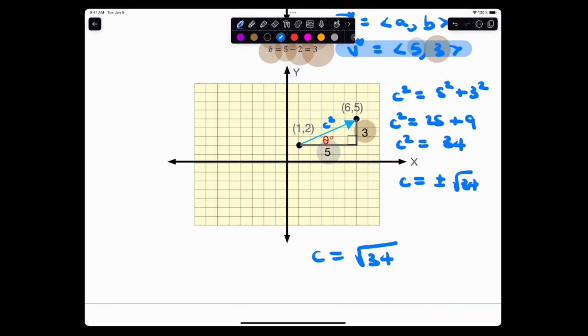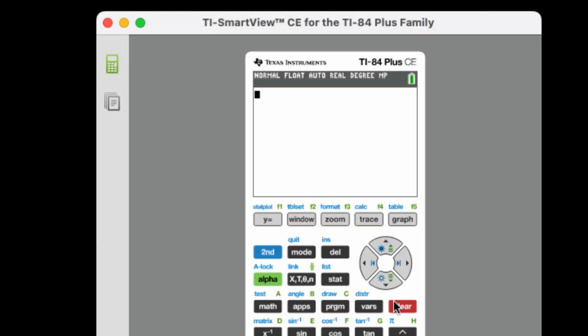Now, what I did here in the notes, this is going to be extremely important for you guys. What I did here in your notes is this. Let's wake up the TI. You say, okay, TI, square root of 34 is going to be what number?